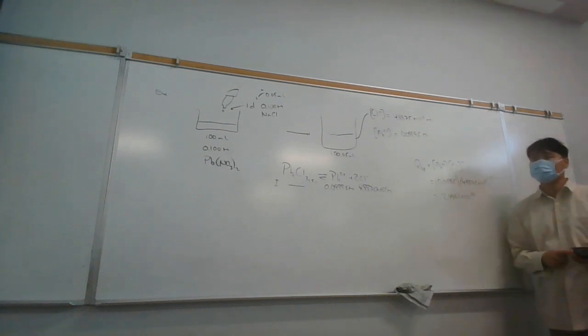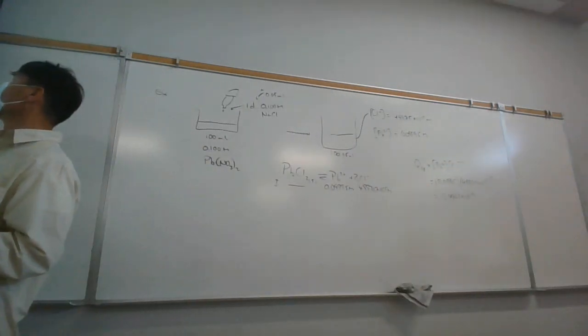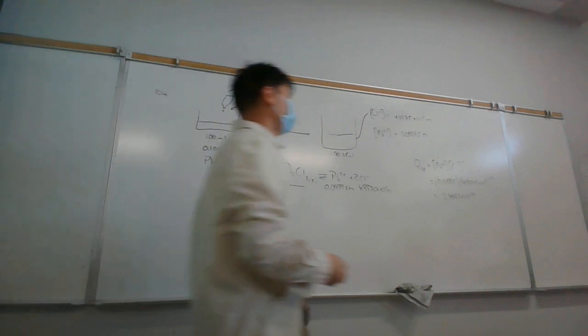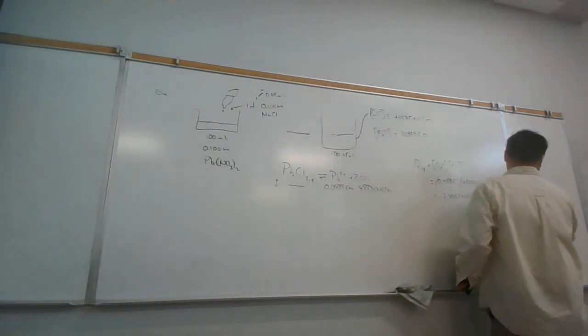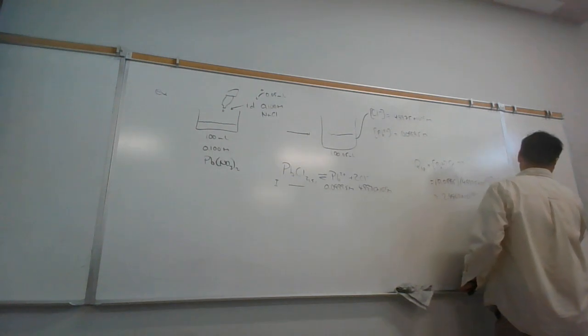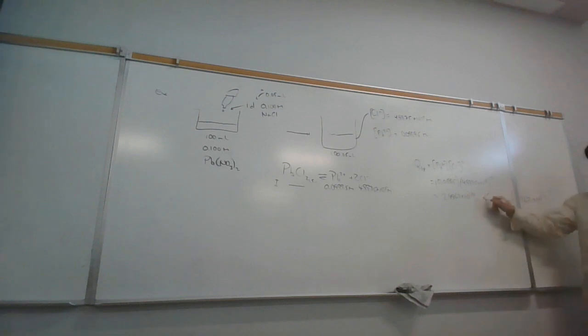Well, we compare it to the KSP. KSP is 1.62 times 10 to the minus 5. So which one's bigger, QSP or KSP? The KSP is bigger, which means no precipitate.